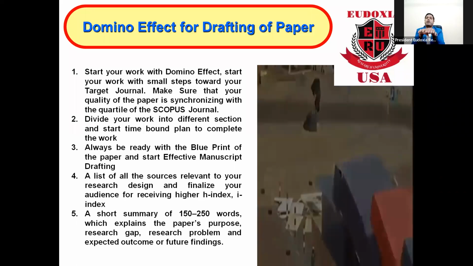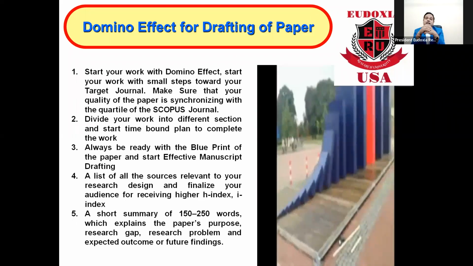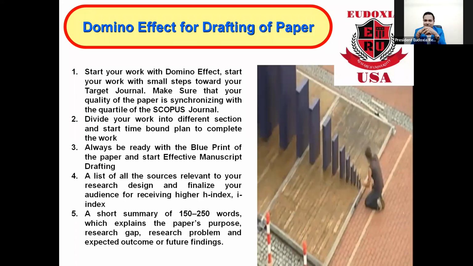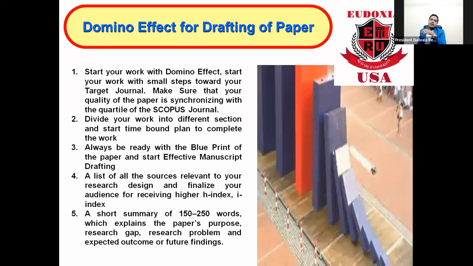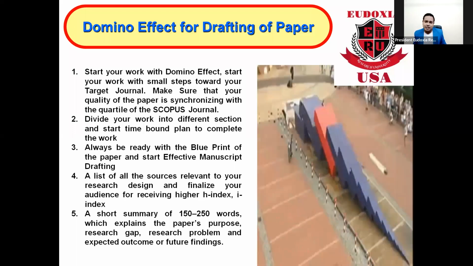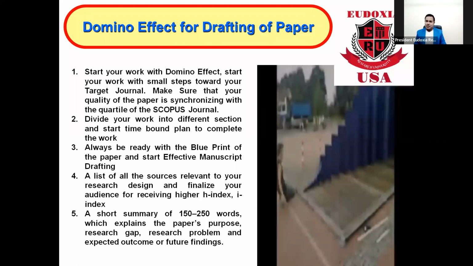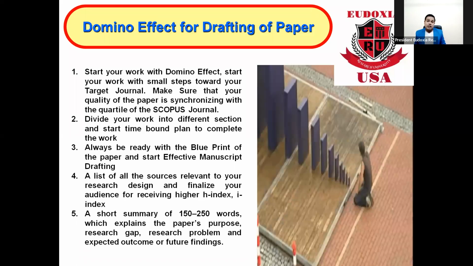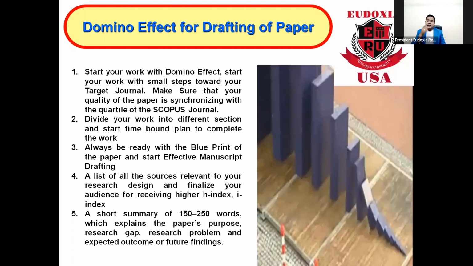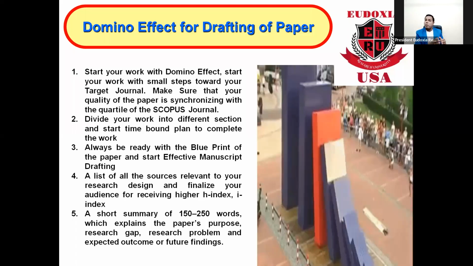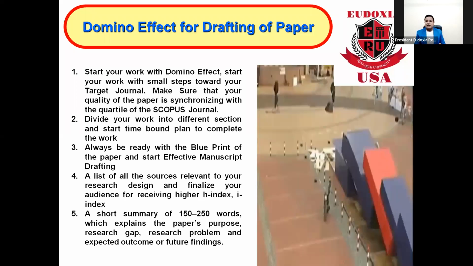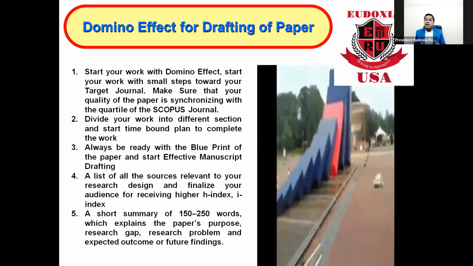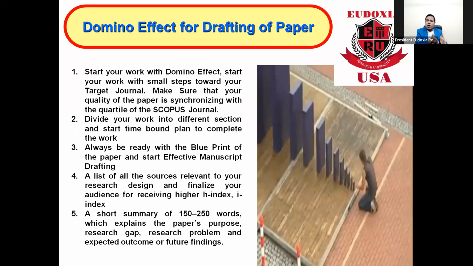Number 2, divide your work into different sections and start a time-bound plan to complete the work. This is very important. This is the age of the internet. We are globally connected. Here you are from 193 countries of the world. You need to understand that you should have a time-bound plan, a systematic collection of research papers, and divide your work into small pieces.